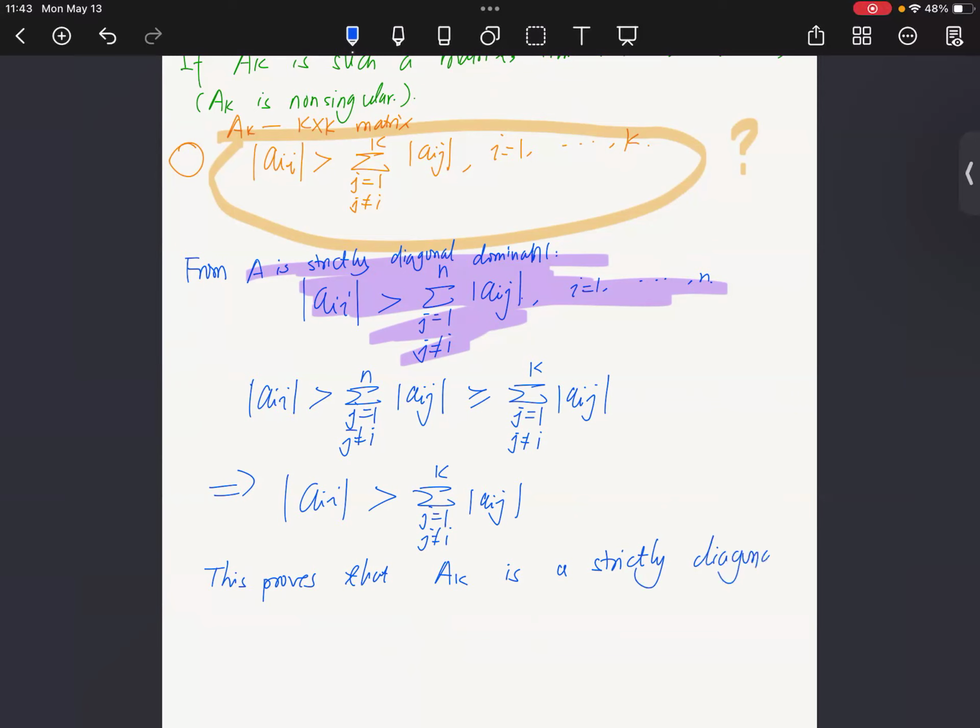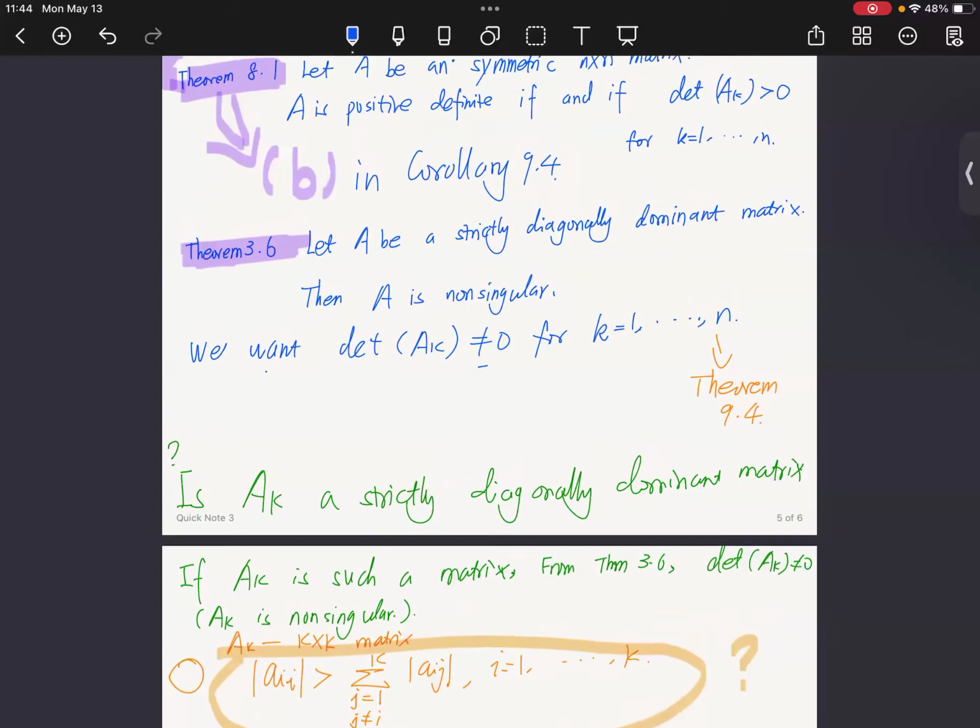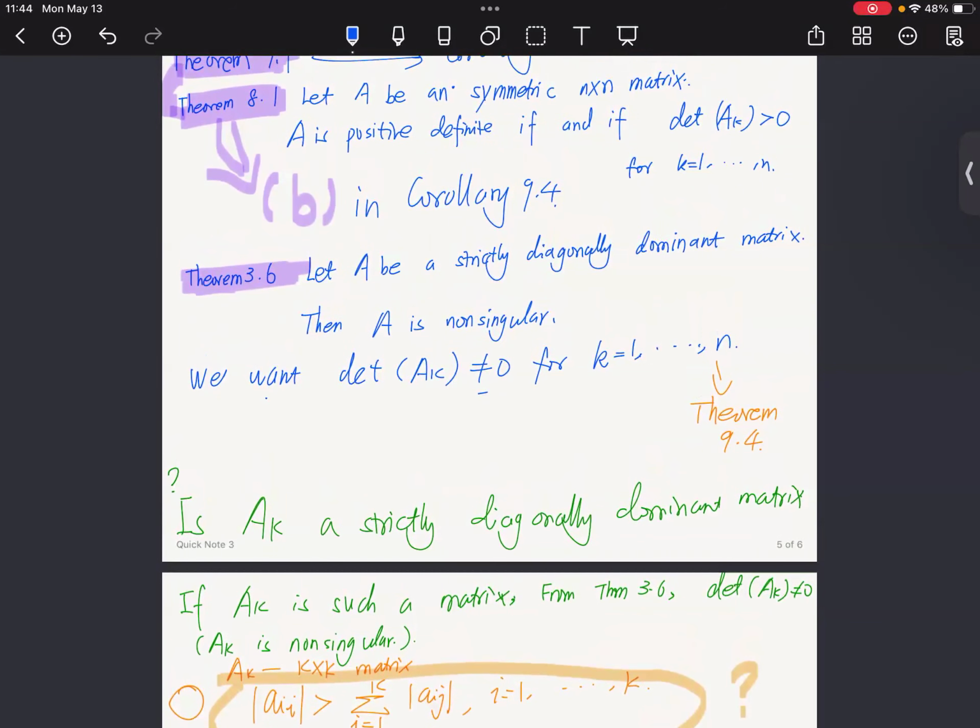Does it make sense? We just take part of it, and then we get that A_k is strictly diagonally dominant. And once we know that, from Theorem 3.6 we know that A_k is non-singular. This is what we have in the Theorem 9.4 criterion: we want all the leading principal matrices to be non-singular.